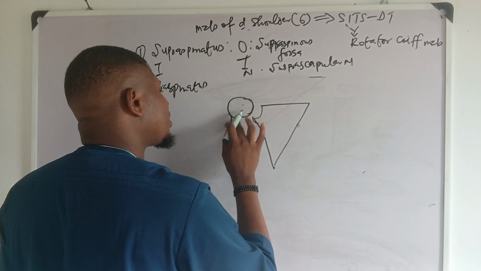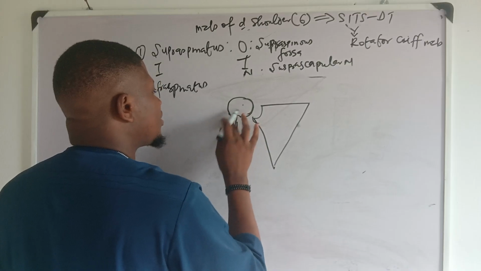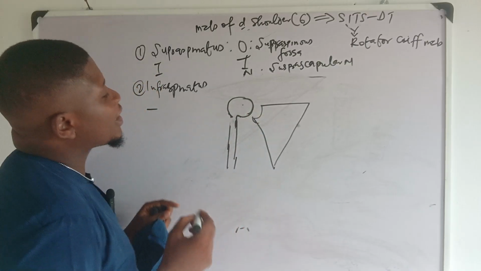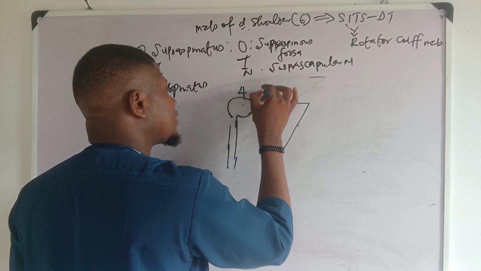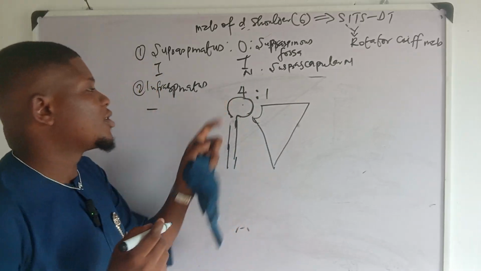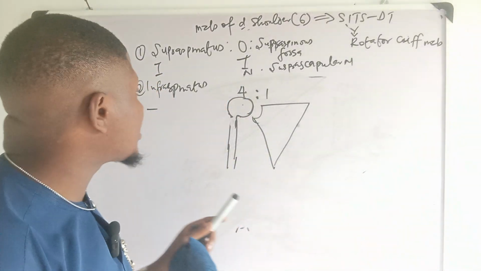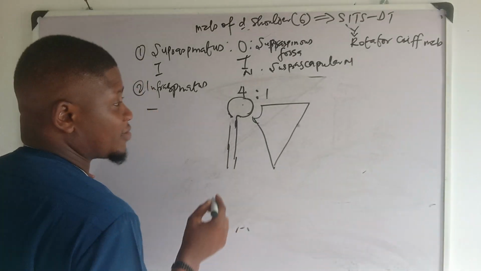Look at the head of the humerus. This is the glenoid cavity. Are you seeing the ratio here is 4 to 1? The head of the humerus is 4 times bigger than the glenoid cavity of the scapula.